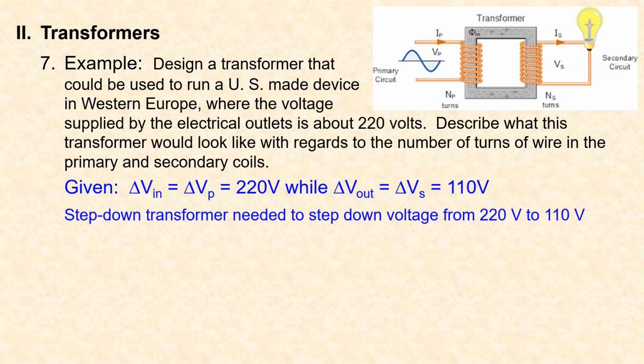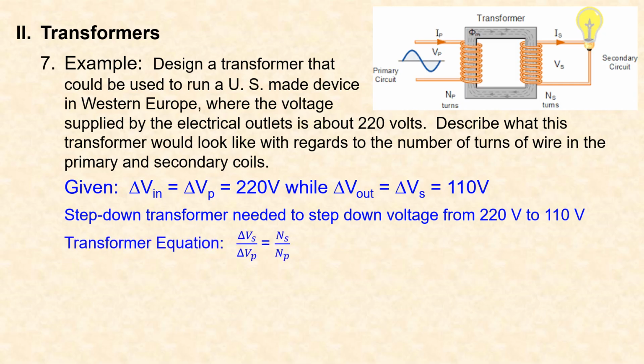So using our transformer equation, we can see that we would need a step-down transformer to step the voltage down from an input voltage of 220 volts to an output voltage of 110 volts.